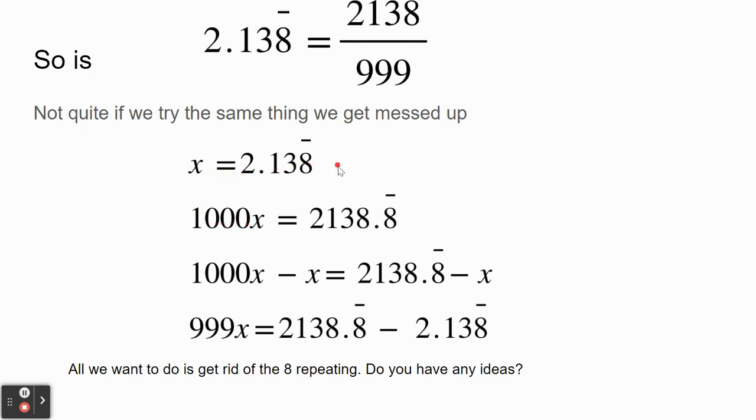Okay, because if I go through that same process of setting x equal to 2.138 repeating, and I multiply by 100 or 1,000 or whatever, I end up subtracting 2.13 from 0.8. And that's not the same thing. I want to get rid of this repeating number. So think about this for a second. What do you think we have to do differently?